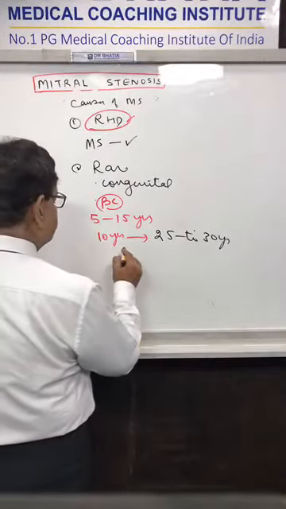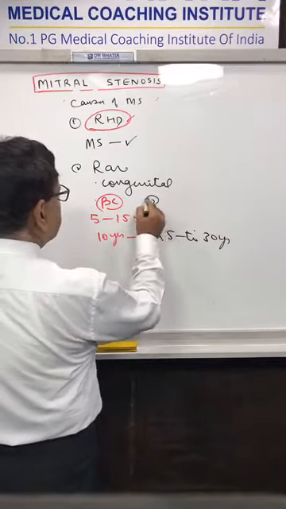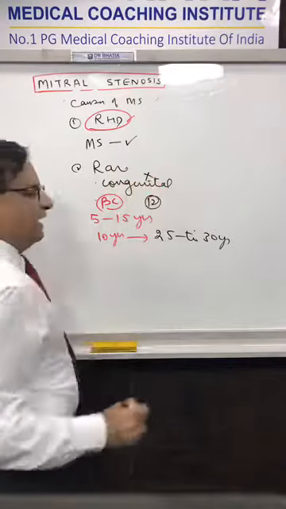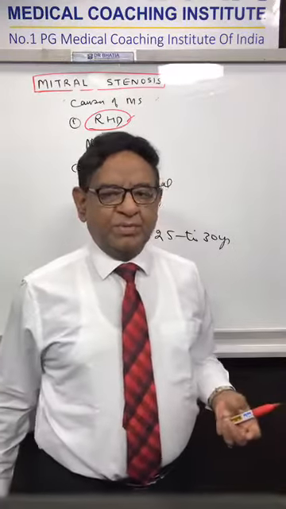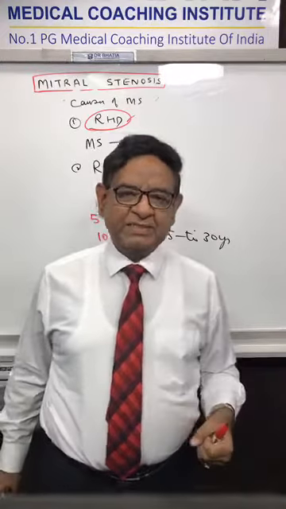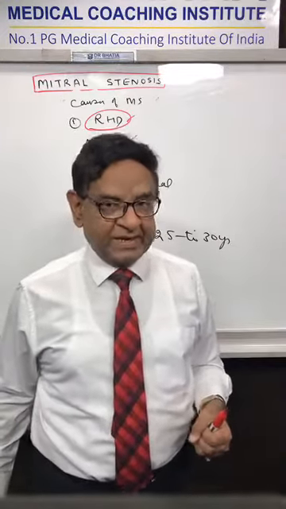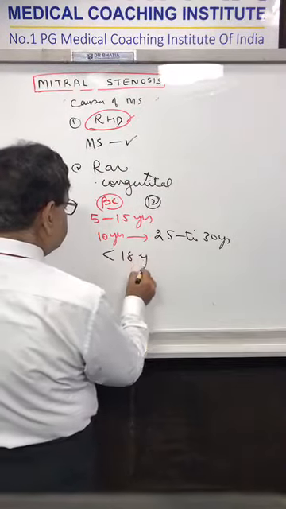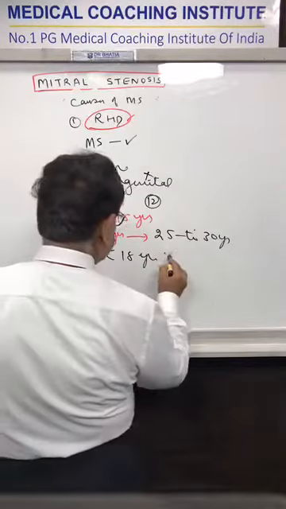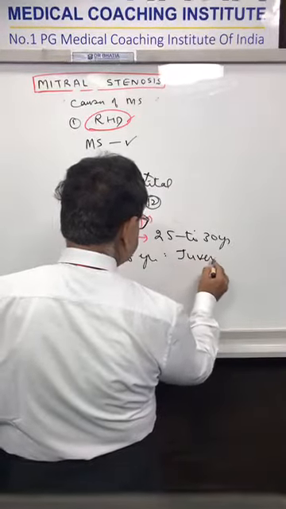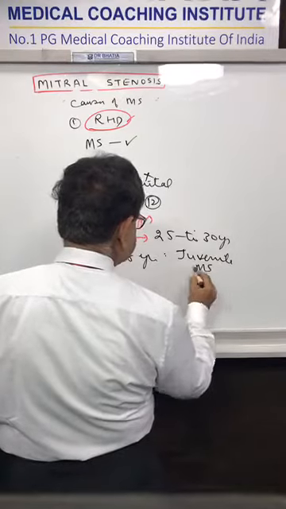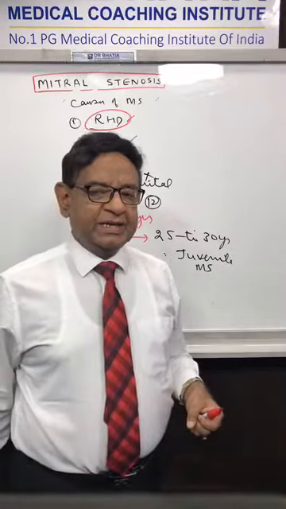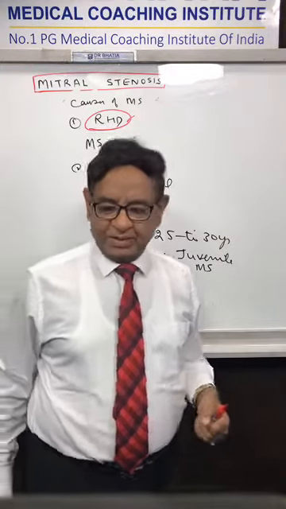And the pediatric age group is about 12 years we talk about. Since it's not congenital and it cannot develop before 10, 15, 20 years, that's why MS is usually not seen in the pediatric age group. Very rarely it can be seen below 18 years, but it's very uncommon. This is known as juvenile mitral stenosis. Okay, so now you are clear about why MS is not seen in the pediatric age group.